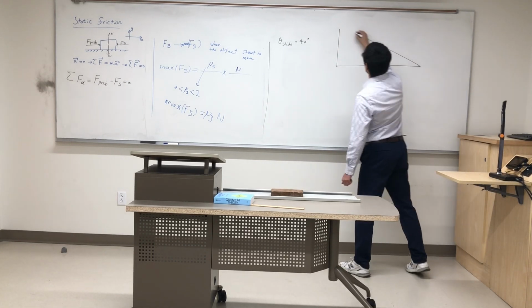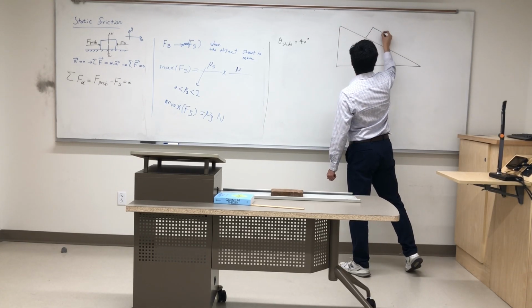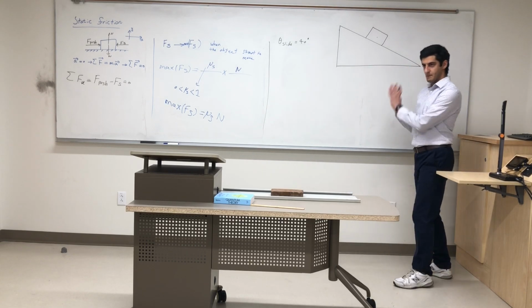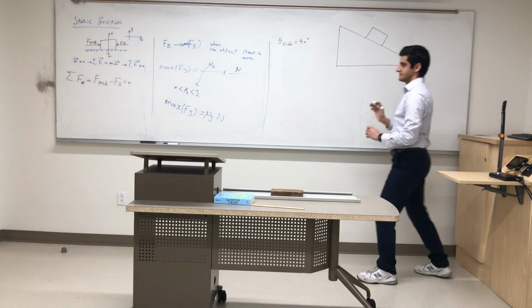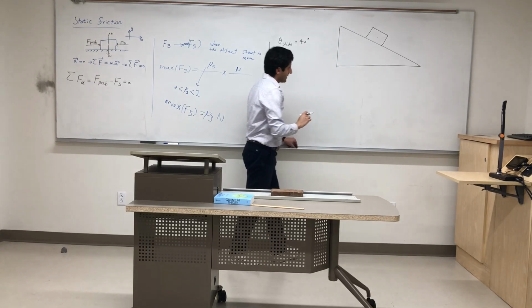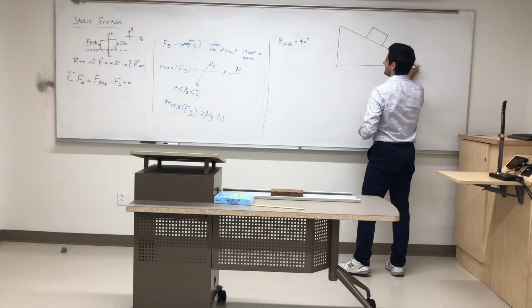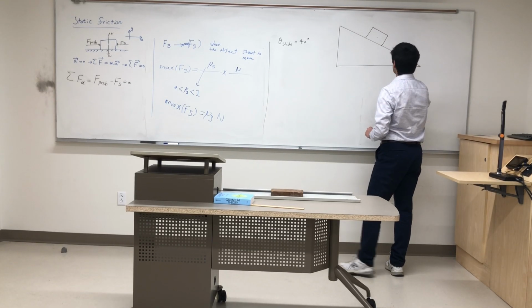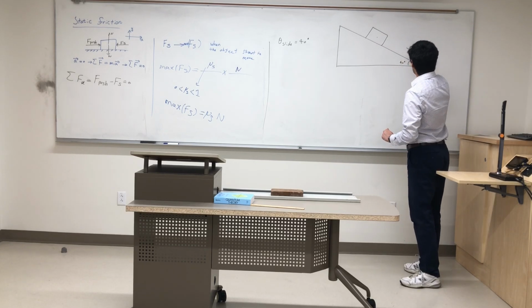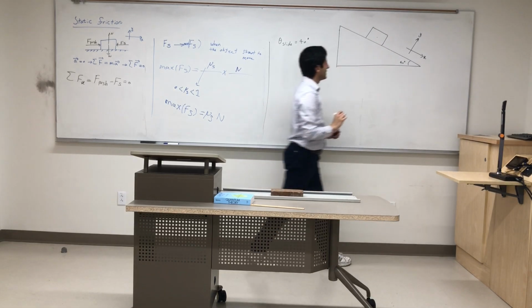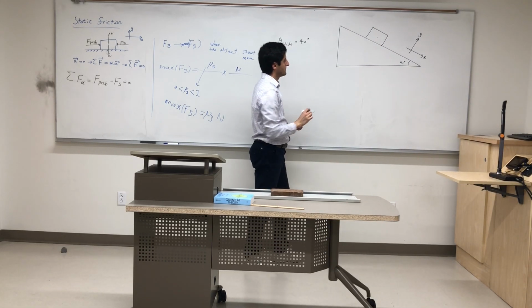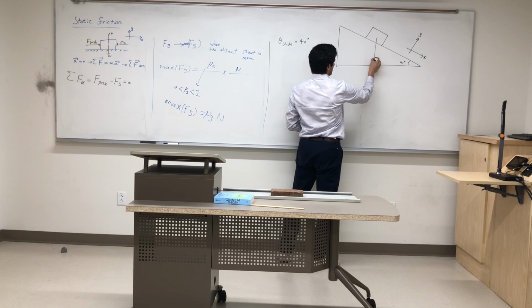This is the diagram for the brick on an inclined surface. Okay? The angle is 40 degrees. My coordinate system is like this. Okay? What forces do I have here? Weight is downward.